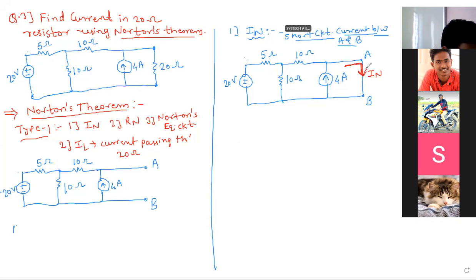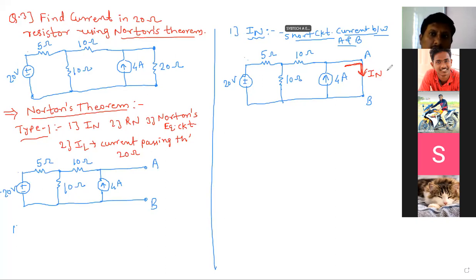Yes, my question is: a 4 ampere current source is exactly parallel to the short circuit. Then do we open the 4 ampere, keep it, or short it? What we have to do? Anyone answer? With the 4 ampere current source, we have to keep as it is.